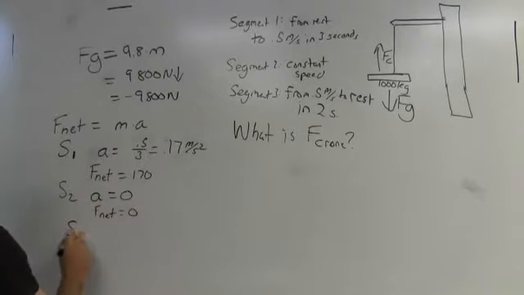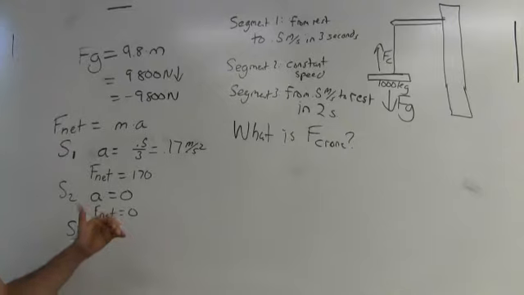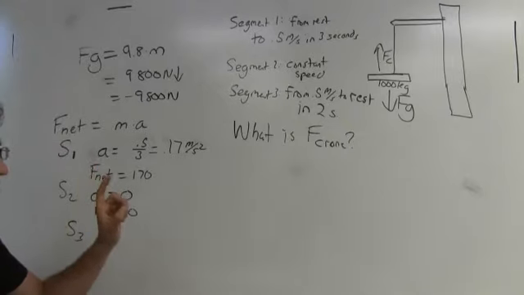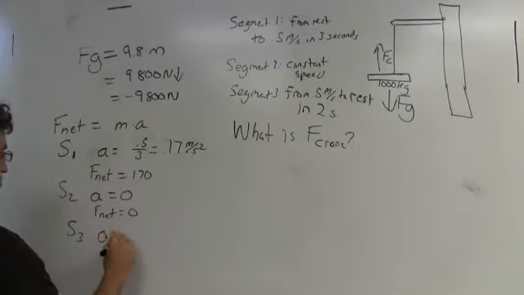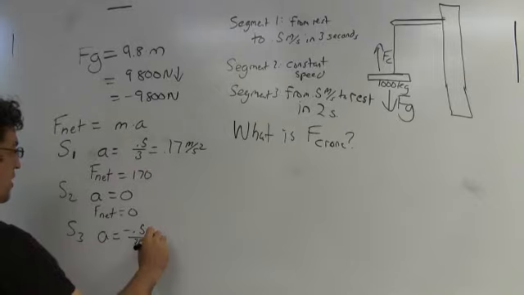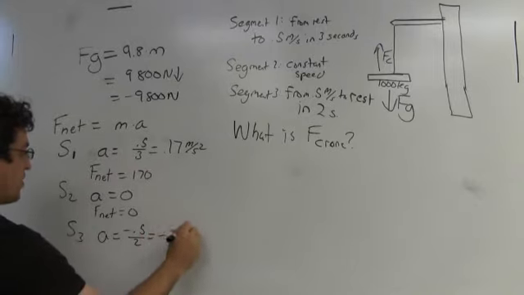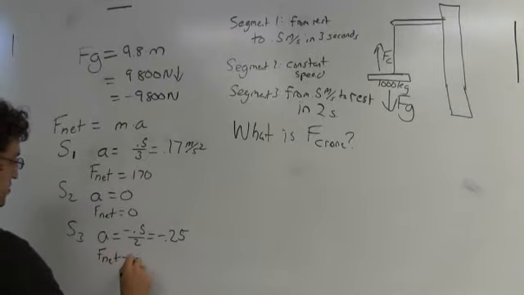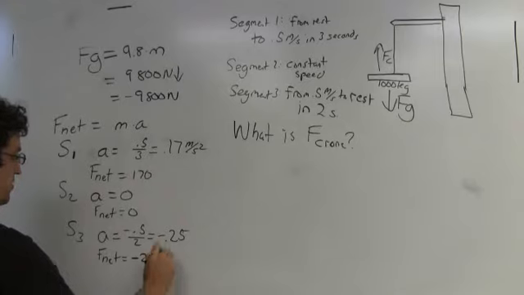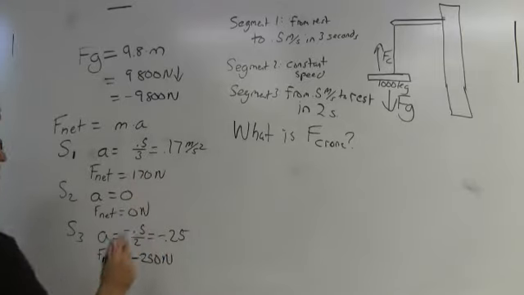And for segment 3, we are going from 0.5 meters per second down to 0, which means that the acceleration is equal to negative 0.5 over 2, or negative 0.25 meters per second squared, which means that F net is equal to negative 250 newtons.